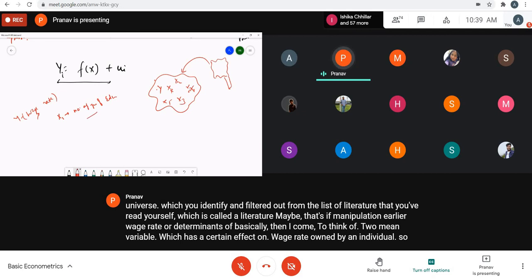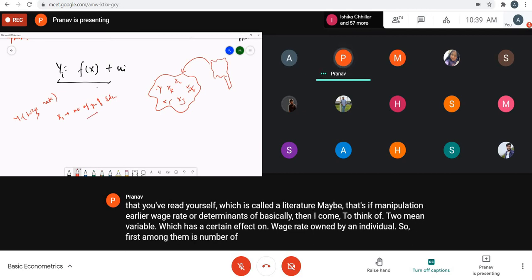The first among them is number of years of education, and the second is experience.